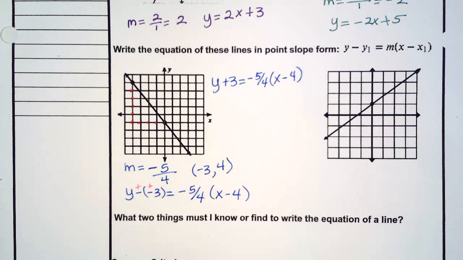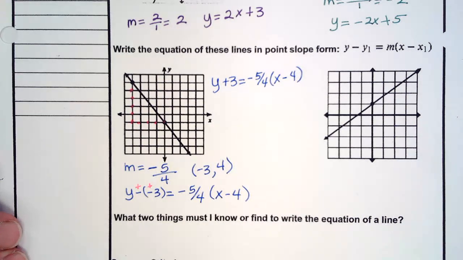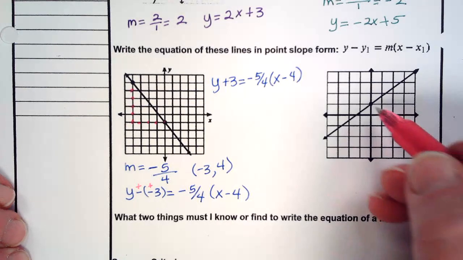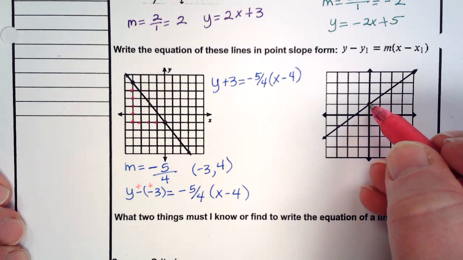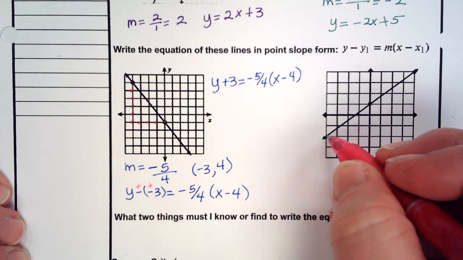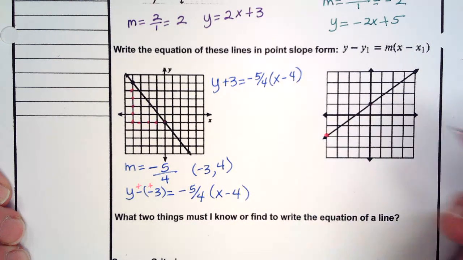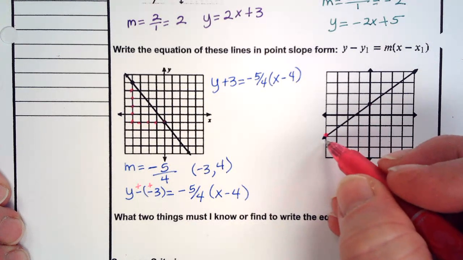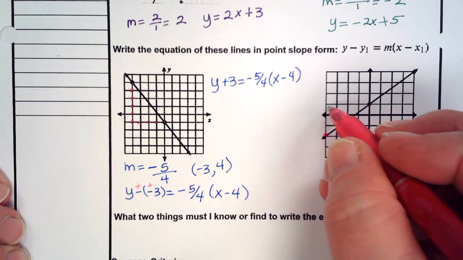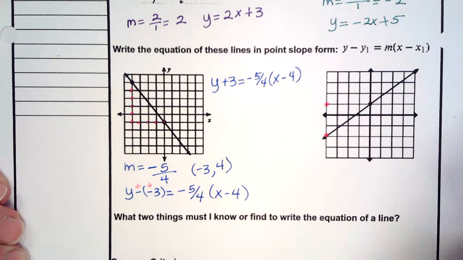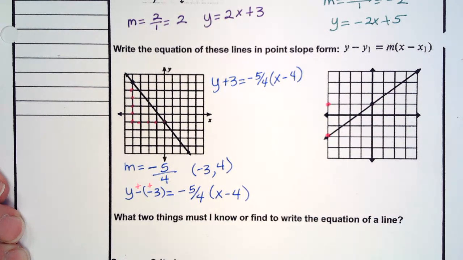Okay, for the next one, we have to determine where a second point is. It gives us the y-intercept, but if we're looking, we've got to go clear down here for another point where it intersects the corner of a box. So this is our right triangle.